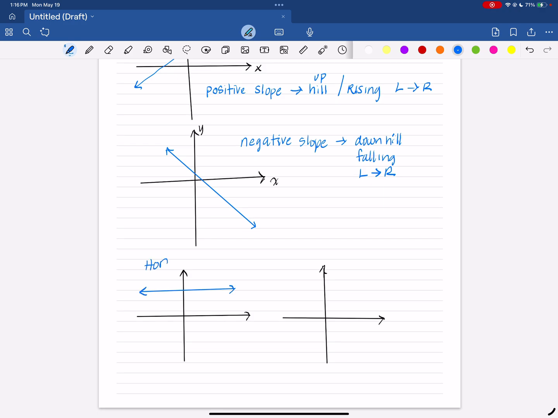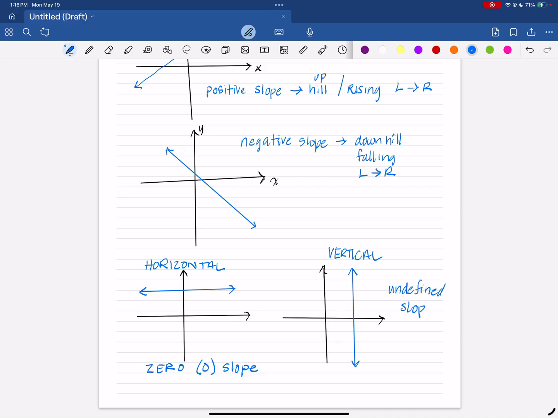This is horizontal, and it has a zero, that is the actual number zero, slope. Okay, so it's completely flat. And the last kind is going to be a vertical line, and this has what we consider to be an undefined slope.